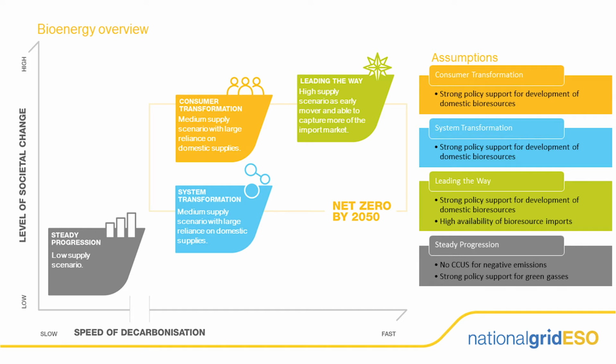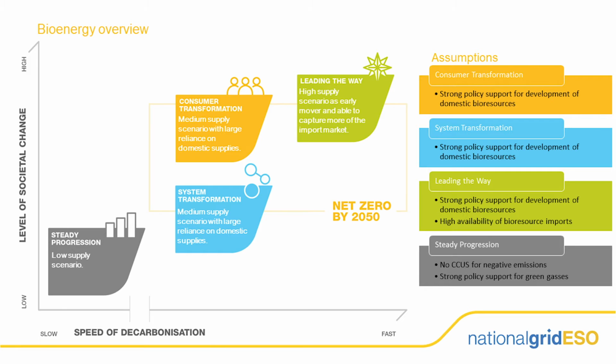Across the four scenarios, we have some assumptions that I want to highlight. In both our consumer transformation and system transformation, there's a strong policy support for development of domestic bioresources. Leading the way also has a strong reliance on domestic bioresources policy, but also has an assumption that there's a high availability of bioresources in an import market.